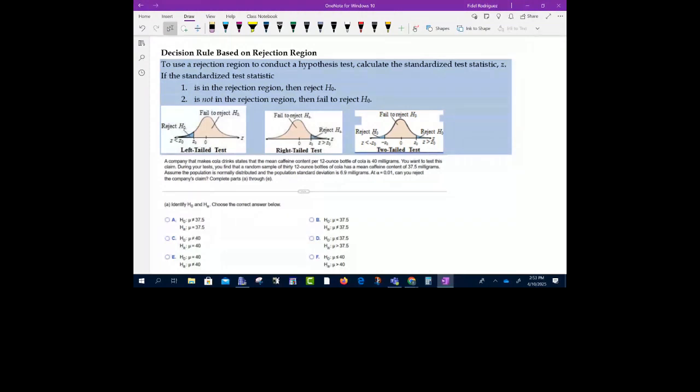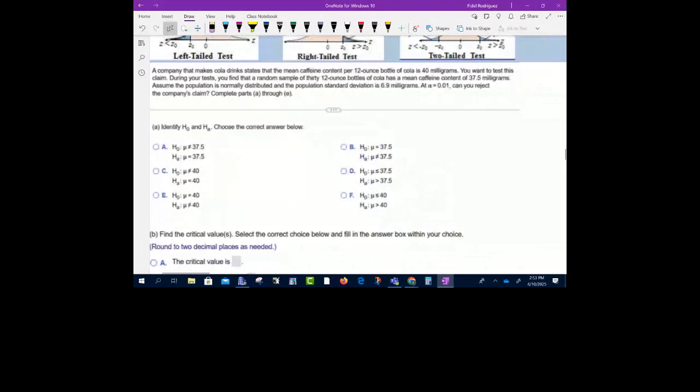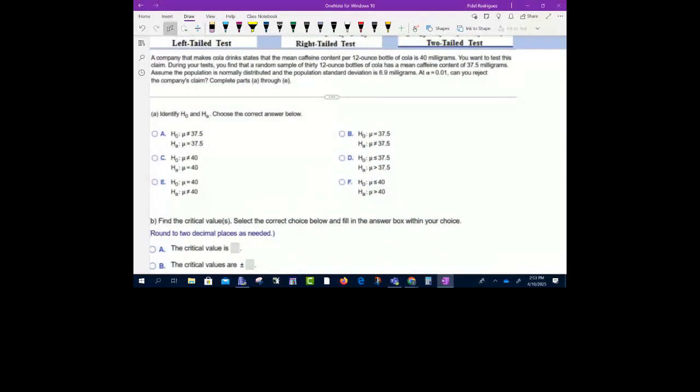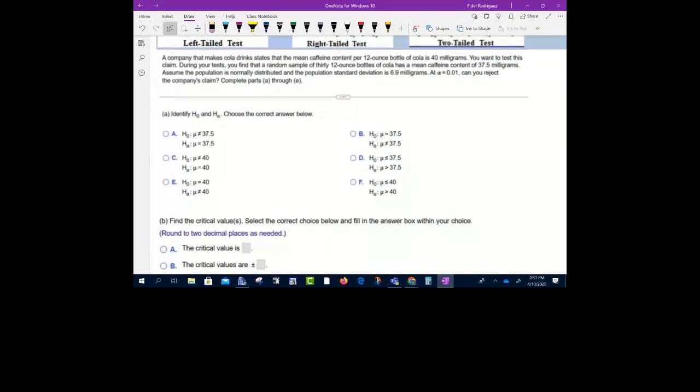Okay, let's see what we're looking at here, y'all. I'm going to go through really slow, and we're going to answer these questions. It says, a company that makes cola drinks states that the mean caffeine content for a 12-ounce bottle of cola is 40 milligrams.